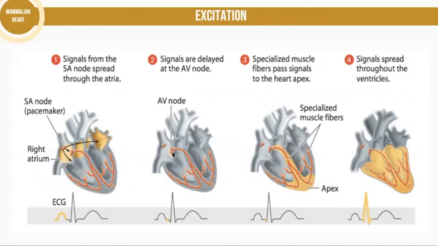After that delay, specialized muscle fibers pass the signals to the heart apex. Then the signals will spread throughout the ventricles, and when the signals spread throughout the ventricles, it prompts the ventricular contraction.